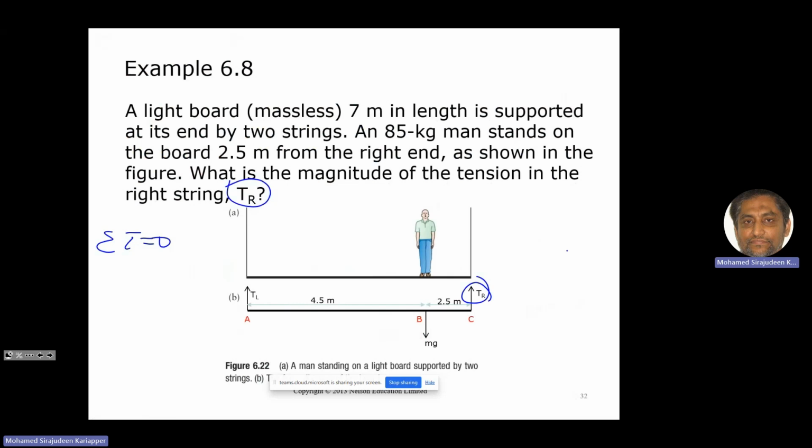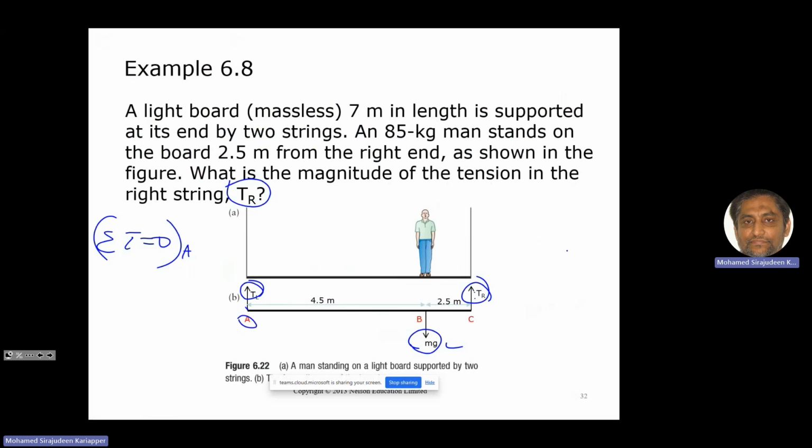So we have to find TR. This is given, this is not given. So the best thing is to take the torque about the point A. So TL will not come in the equation. I'm not interested in that, and I only want to find TR.